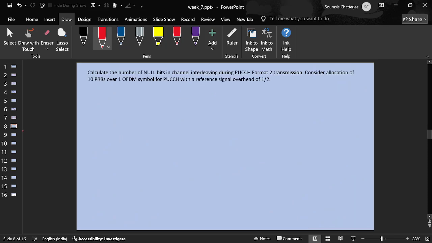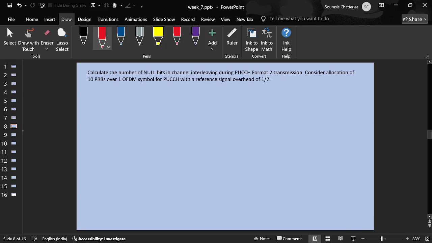So with that, let us solve a few questions. Here we are asked to calculate the number of null bits in channel interleaving, and it says PUCCH format 2 transmission and allocation of 10 PRBs over one OFDM symbol with a reference signal overhead of 1/2.